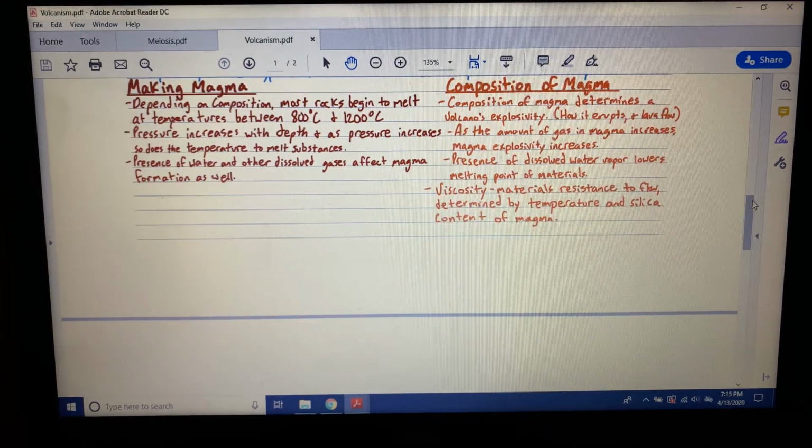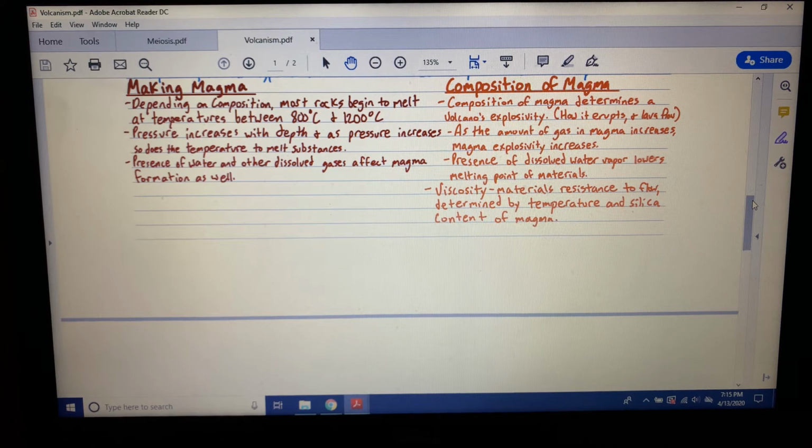The composition of magma will determine a volcano's explosivity, how it erupts in the lava flow. Like I've said before, the more gas that is in magma, it's going to increase the explosivity. And then the presence of water vapor is going to lower the melting point of materials. Like I said earlier, as we increase with depth, the pressure increases the temperature. The presence of water is going to lower that melting point.